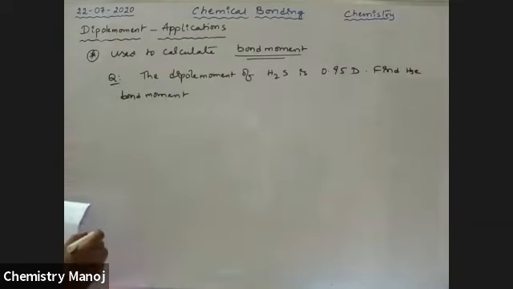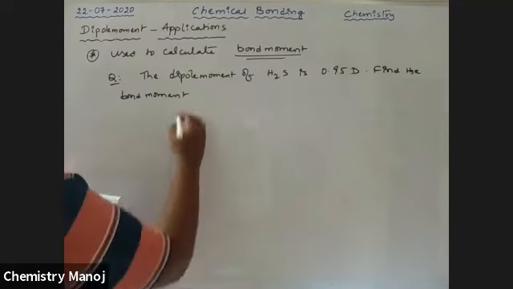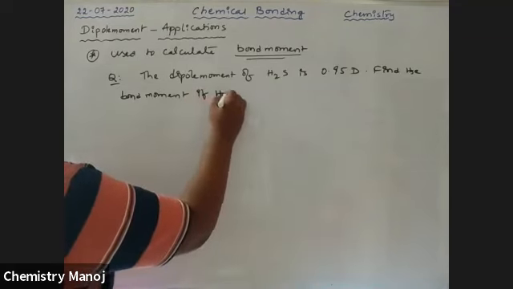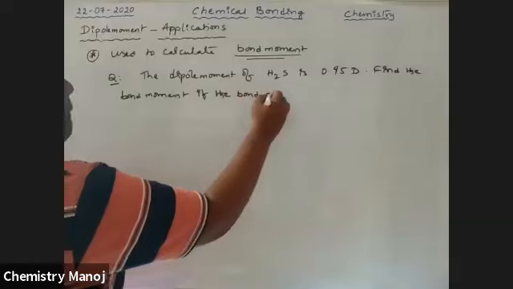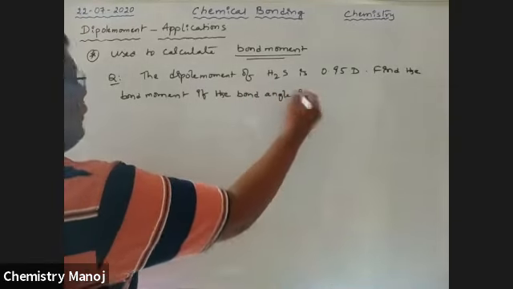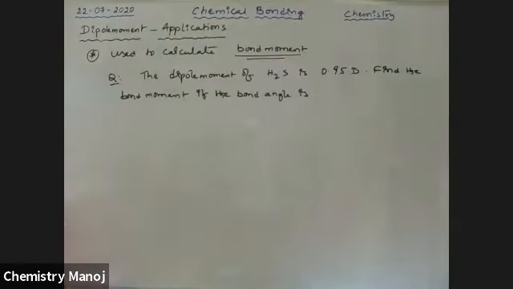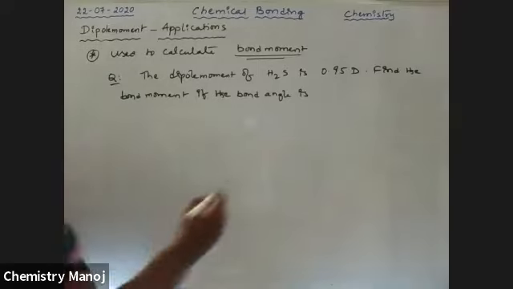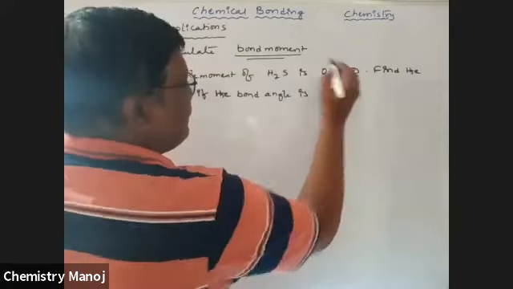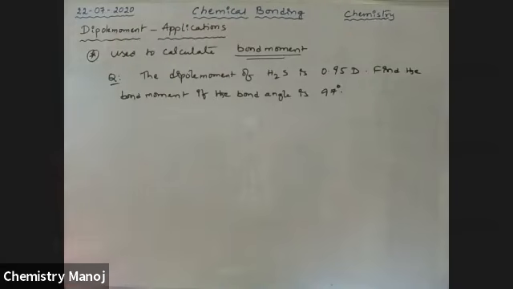Find the bond moment if the bond angle is 97 degrees.